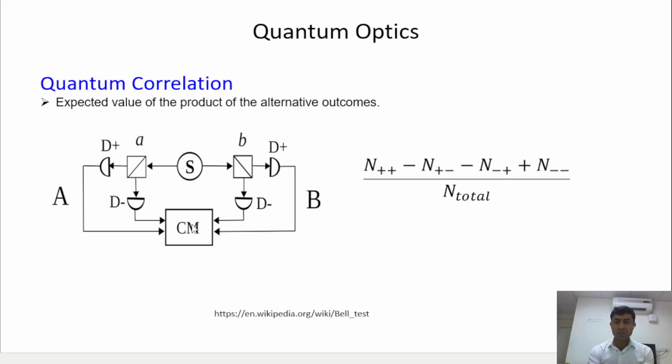After detection, we can see its results. For example, n++ shows the number of simultaneous detections, which means both photons are detected at the same time.